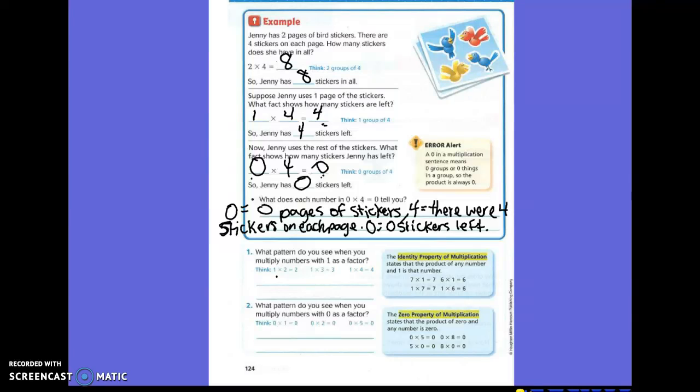So it means any number times 1 is that other number. So what's the pattern that you see? Yeah, 1 times any number is that number. That's the pattern.